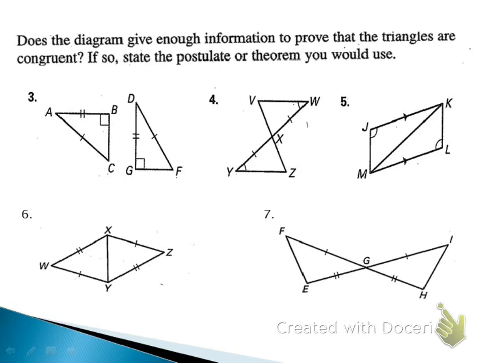All right, number 3. So potential answers are side, side, side; side, angle, side; angle, side, angle; angle, angle, side; hypotenuse, leg; or none. What are you guys thinking for number 3?